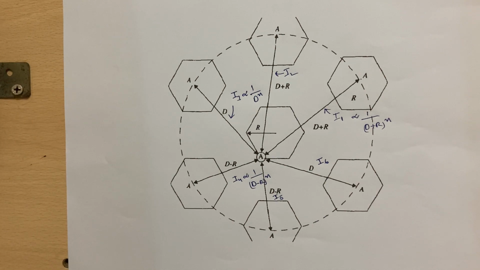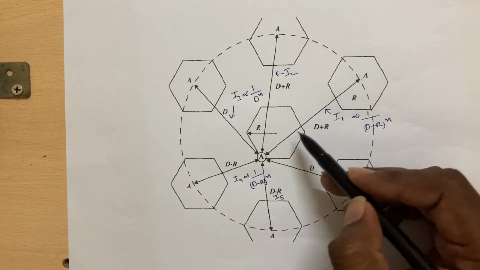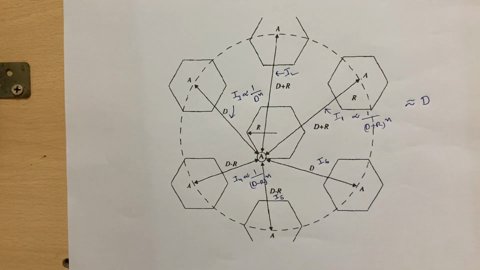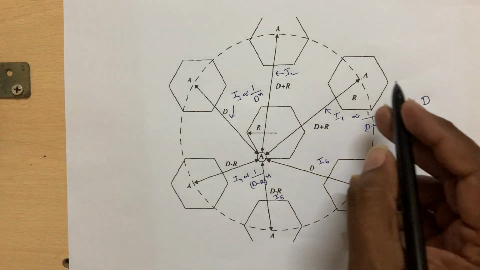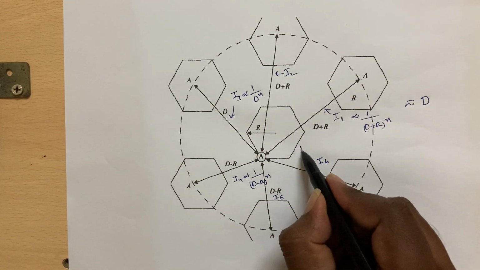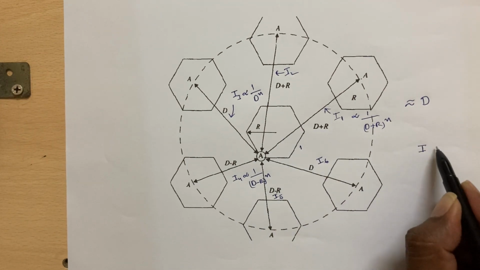Then you can have a rough approximation that all these distances from the co-channel cells are approximately the same, equal to D. Actually 2 of them are D plus R and 2 of them are D minus R, but we take the reuse distance as very much higher. So it is an approximate analysis that all distances are D, and all of them create the same level of interference to this user.